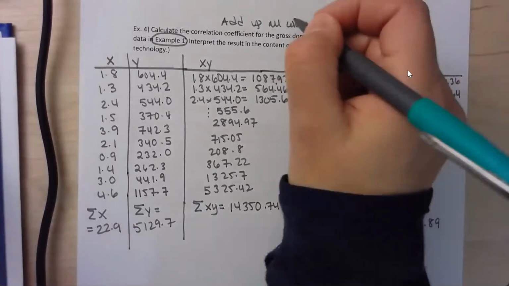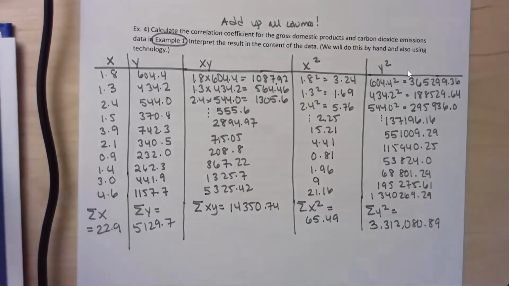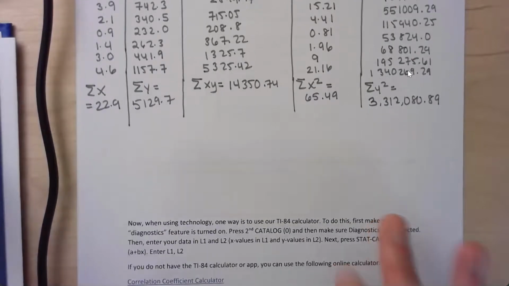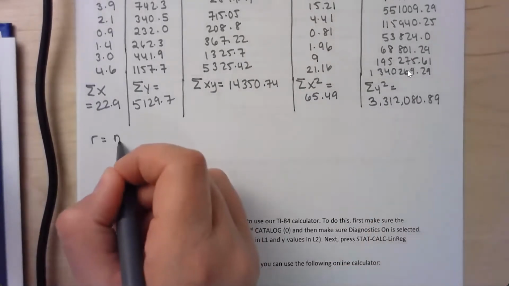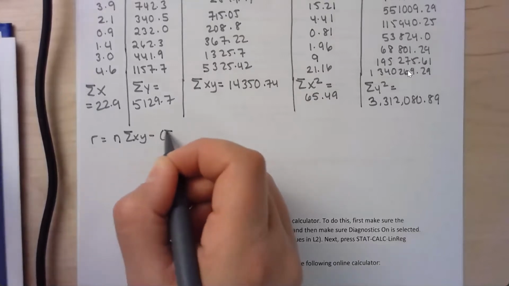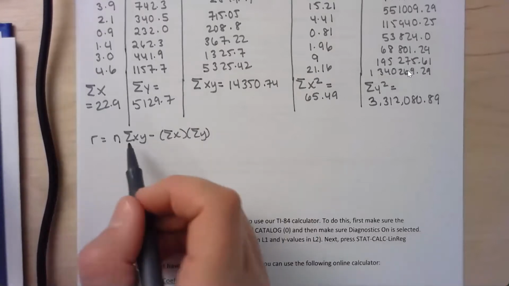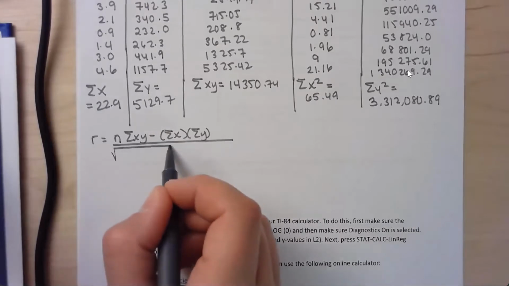So that is the background work here for the formula. We haven't even used the formula yet. So what your formula is for r, it's n, which is your sample size, times the sum of the xy's, minus the sum of the x's times the sum of the y's. And that's all over, and now you want to be careful, there are two square roots here.